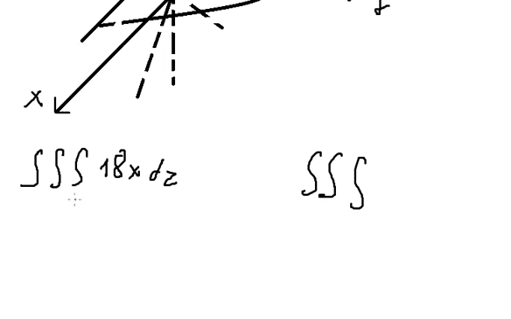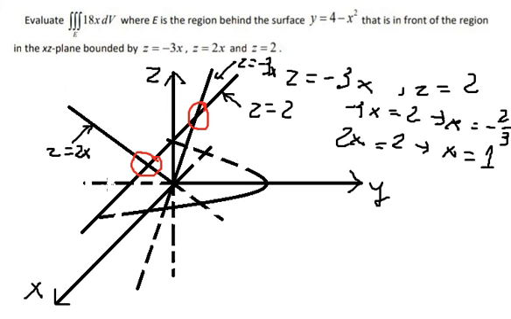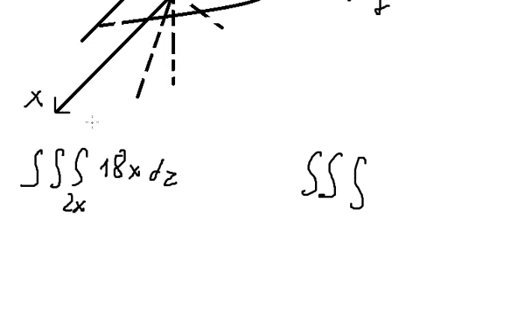So we have 2s below, and 2 is upper in here. If we look at the graph, we see that z equals 2 is upper and z equals 2s is lower. So we have from 2s to 2.